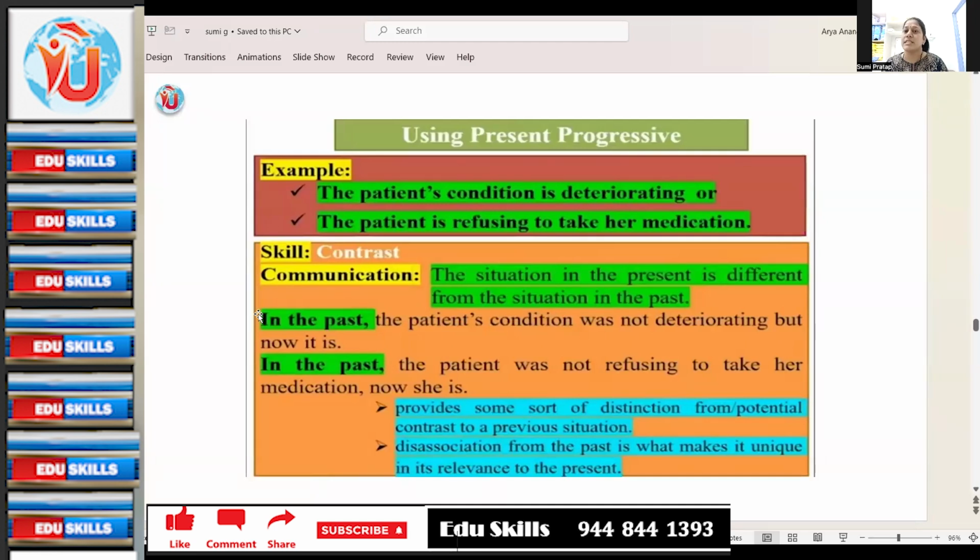In the past, the patient's condition was not deteriorating, but now it is. In the past, the patient was not refusing to take her medication. Now she is. Okay. These kinds of situations we have to check in the case note. According to the context, we can write.